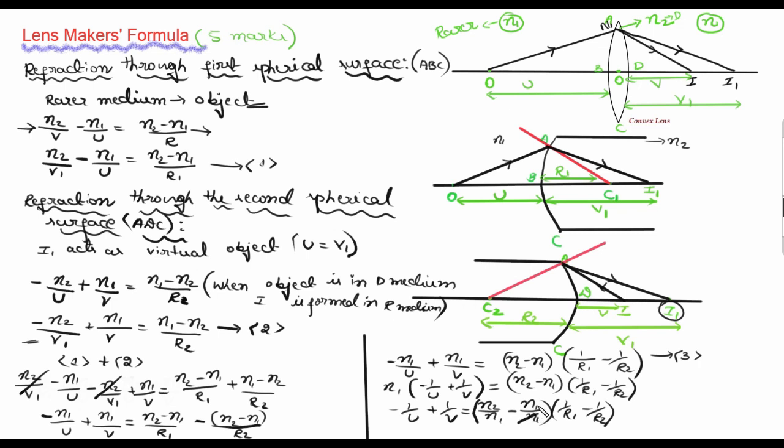So this N1 and N1 will get cancelled here. What you will have is minus 1 by U plus 1 by V is equal to, this N2 by N1 can be written as N21, minus 1, times 1 by R1 minus 1 divided by R2.